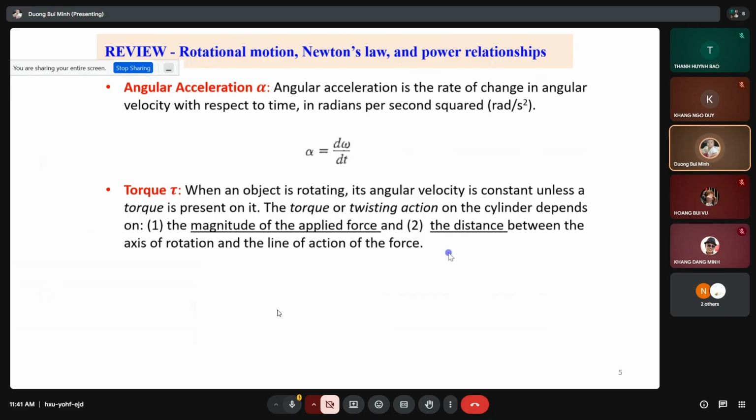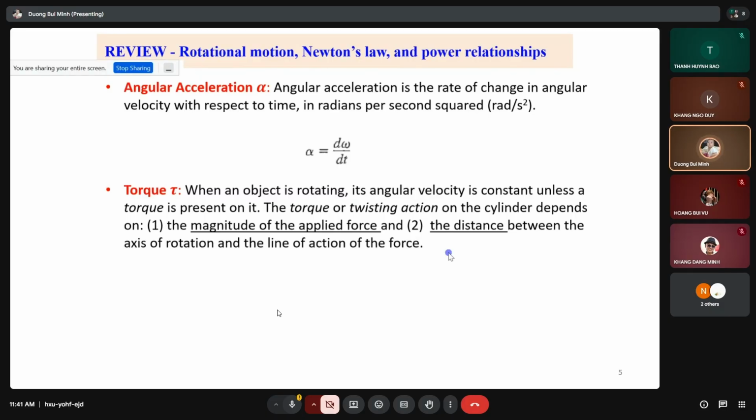So when we analyze any electric machines, we need to calculate torque always. We have load torque, we have motor torque, we have induced torque.